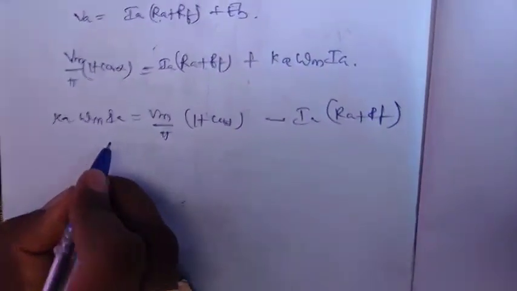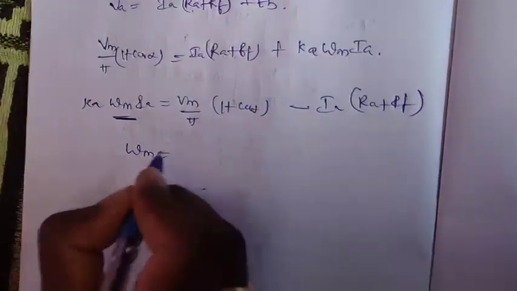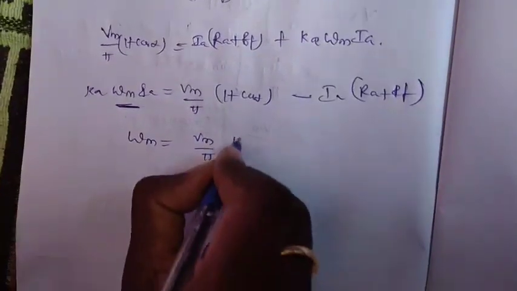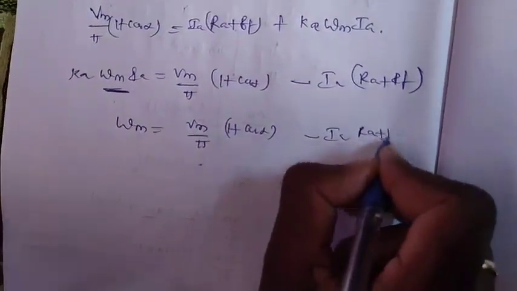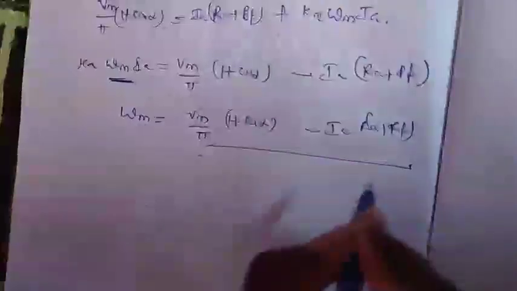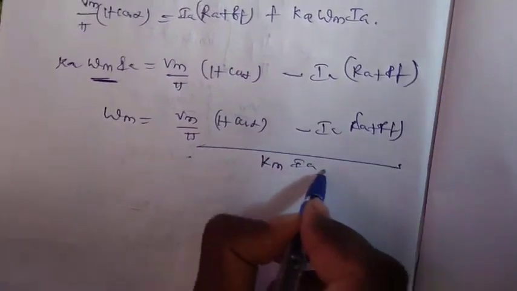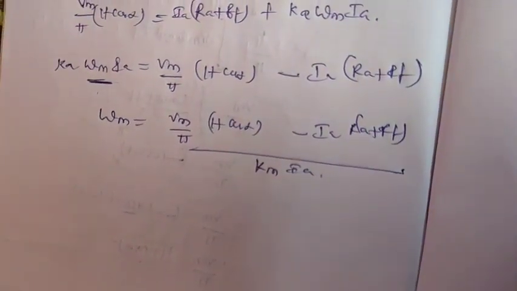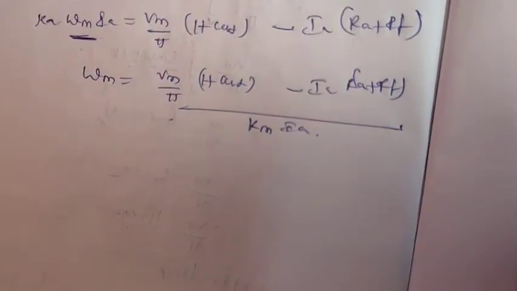So omega m equal to [Vm by pi (1 plus cos alpha) minus IA (RA plus RF)] divided by Ka into IA. This is the formula for omega m.